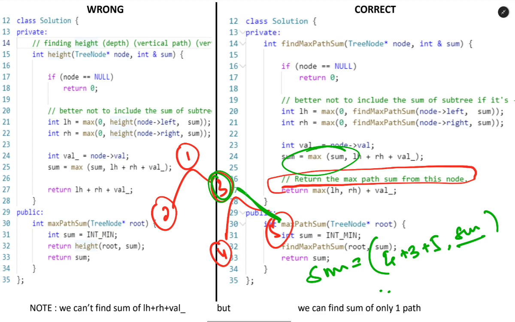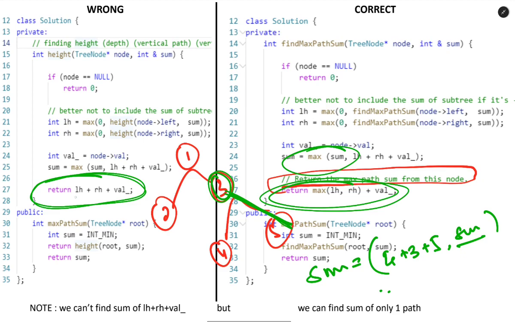You got the idea that when we are returning, just like the code in maximum depth, where we used to return the maximum depth of the single path, similarly here also we are returning the maximum of a single path, not like the mistake I made earlier, where I did LH plus RH plus val also. It's not like this. This is why I have written it's the wrong code.